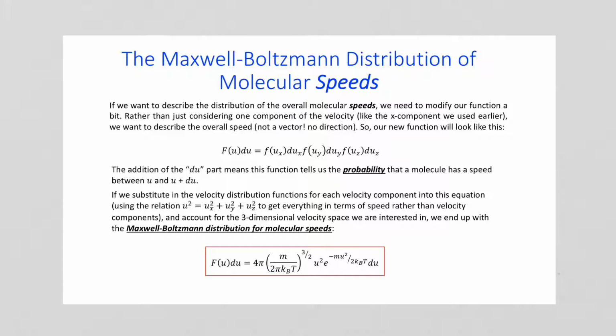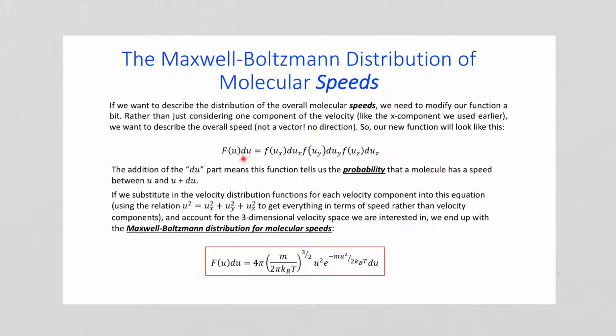So our new function is going to look like this, where we have a product of all of the various components of our molecular velocities that make up the speed. The only thing that's kind of new here from last time is that we have this added du here, so we have f(u) du, whereas before I think we just had an f of u of x.